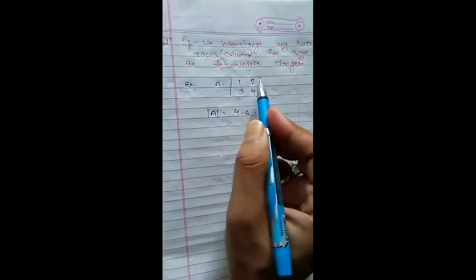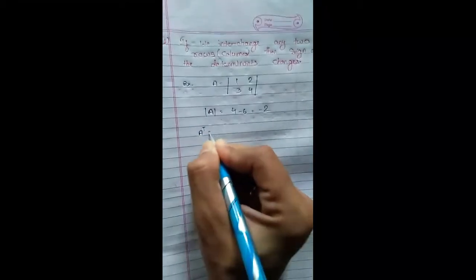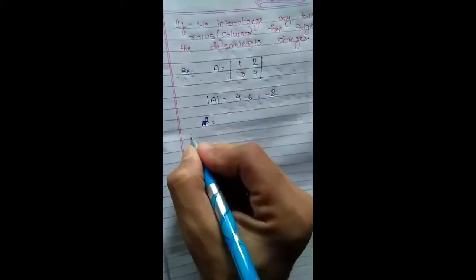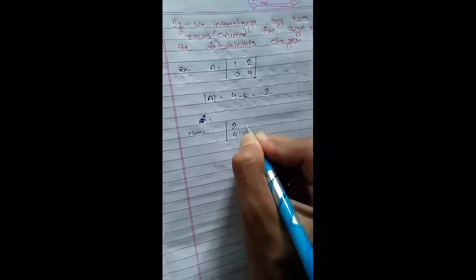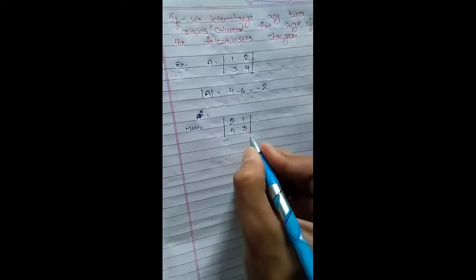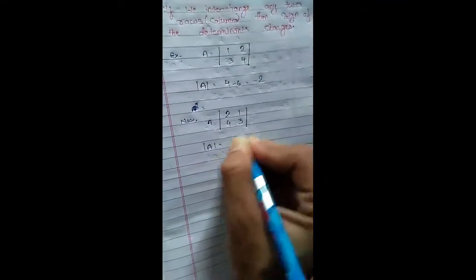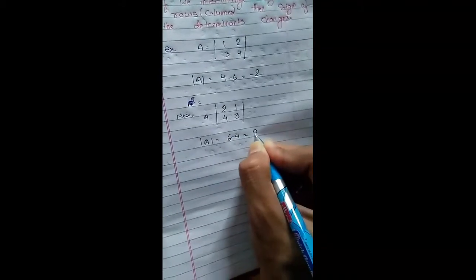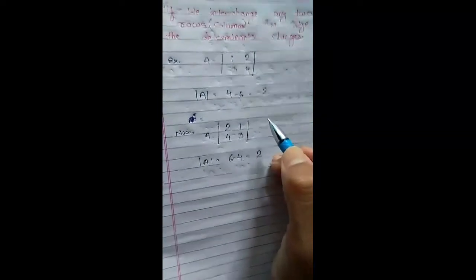Now if we interchange any two rows or any two columns, suppose we interchange row 1 and row 2, the determinant is 3 2 into 6 minus 4 1 into 4, that is equal to 2. So here only the sign of the determinant changes, the value does not change.